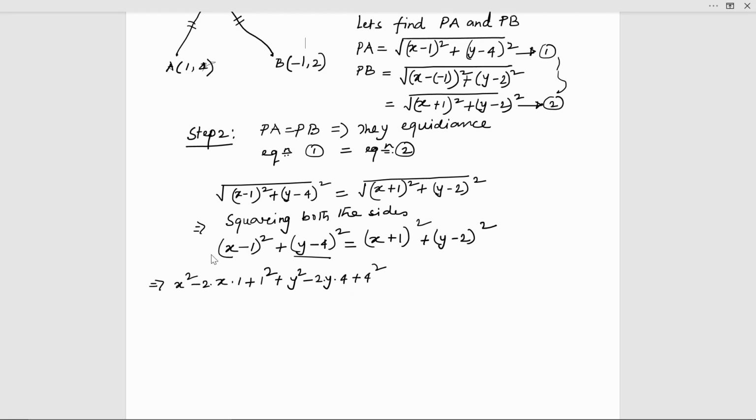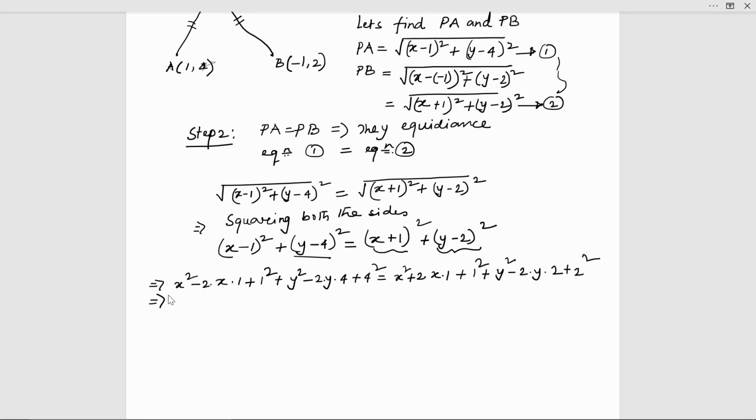On the right hand side I expand as x square plus 2 into x into 1 plus 1 square, and then y square minus 2 into y into 2 plus 2 square.